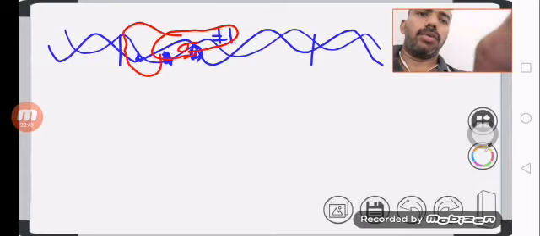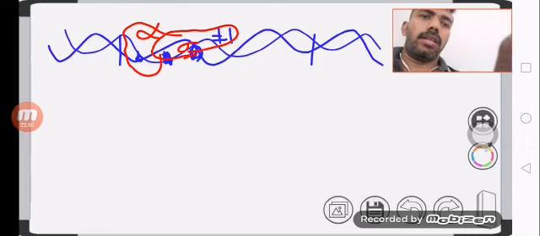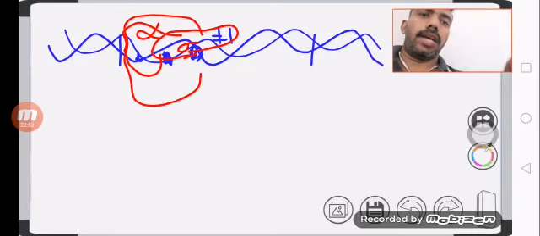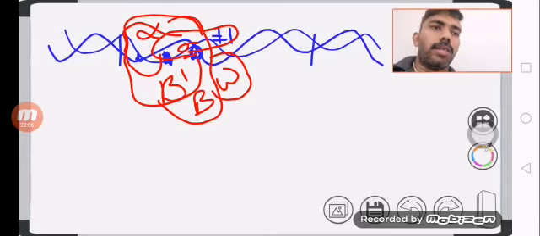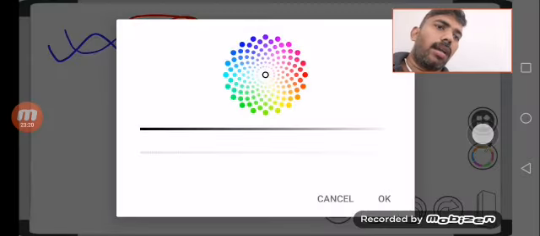Then there will be the beta dash, which is the biggest subunit, then also the beta subunit, and also the omega. All these different subunits interact with the promoter region, and this causes the initiation to begin. Then there will be synthesis of an RNA molecule.